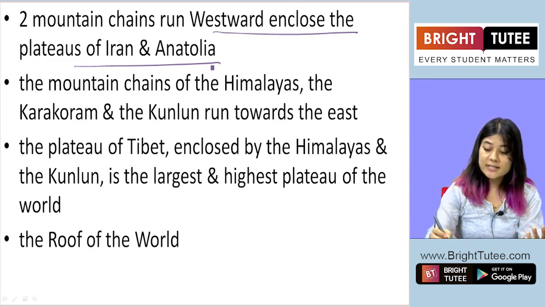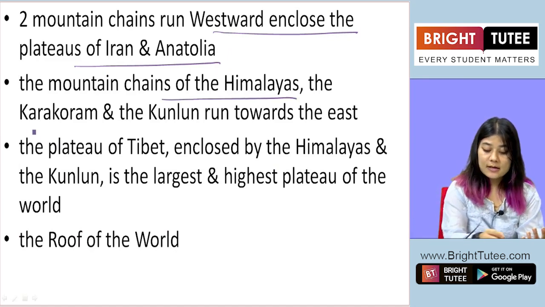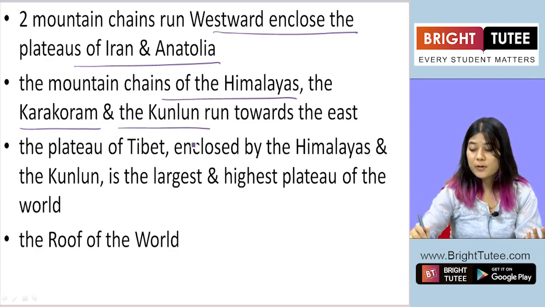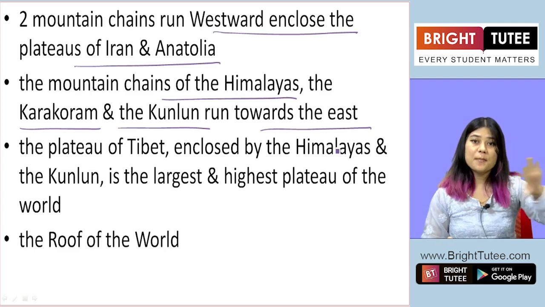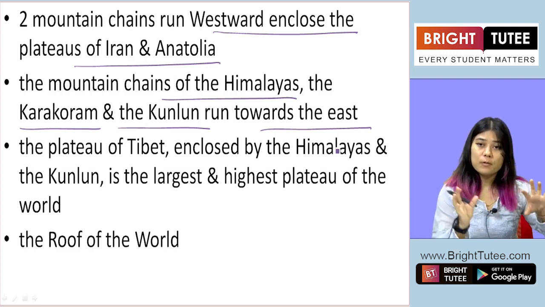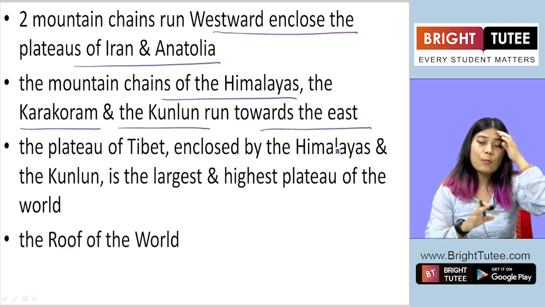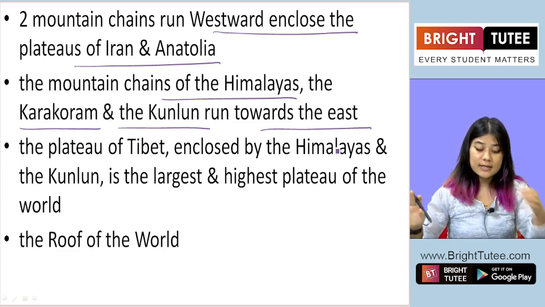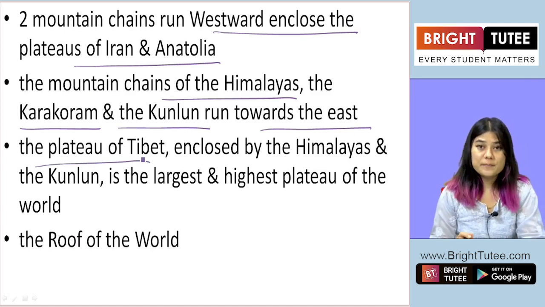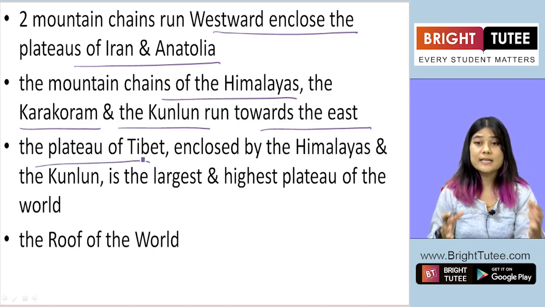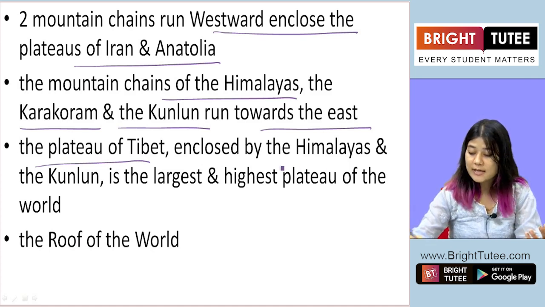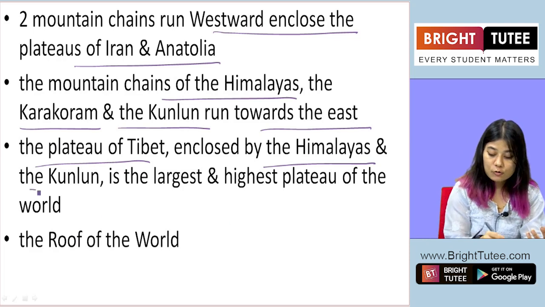The mountain chains of the Himalayas, the Karakoram and the Kunlun run towards the east. So some of them run towards the west, while others run towards the east. The Tibetan plateau is enclosed by the mountain ranges called the Himalayas and the Kunlun.